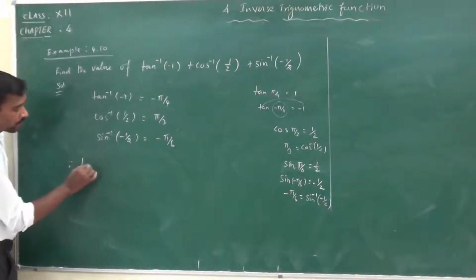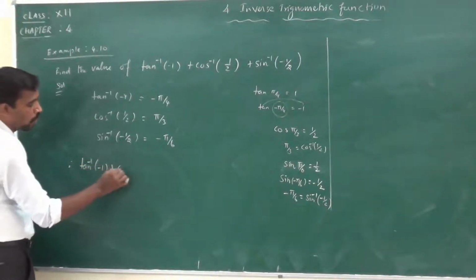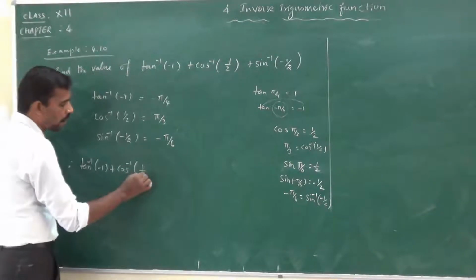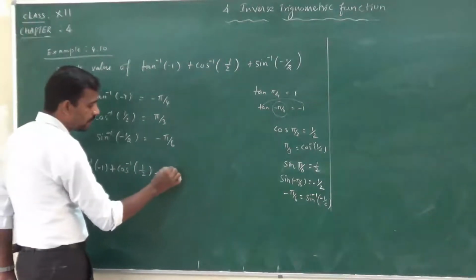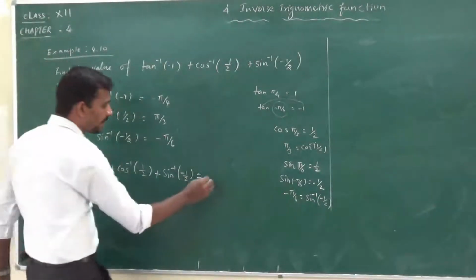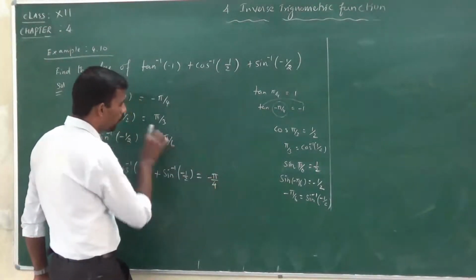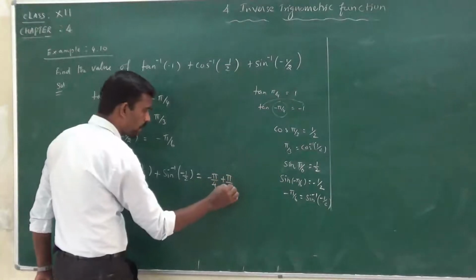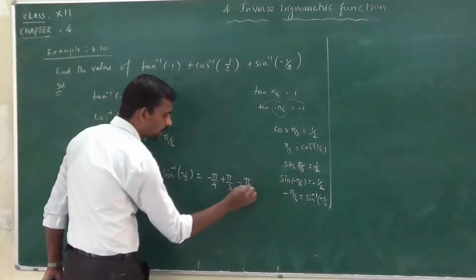Therefore, tan inverse of minus 1 plus cos inverse of half plus sin inverse of minus half is equal to minus pi by 4 plus pi by 3 minus pi by 6.